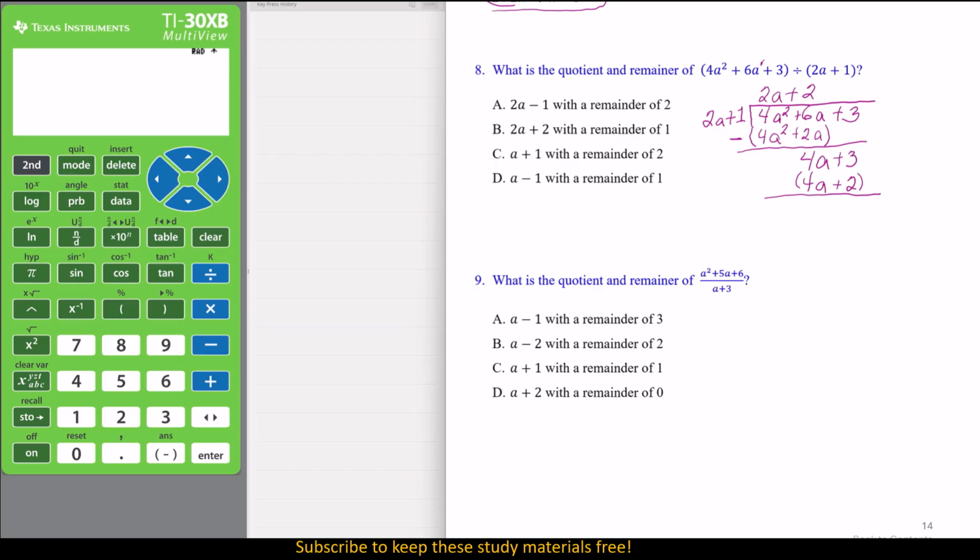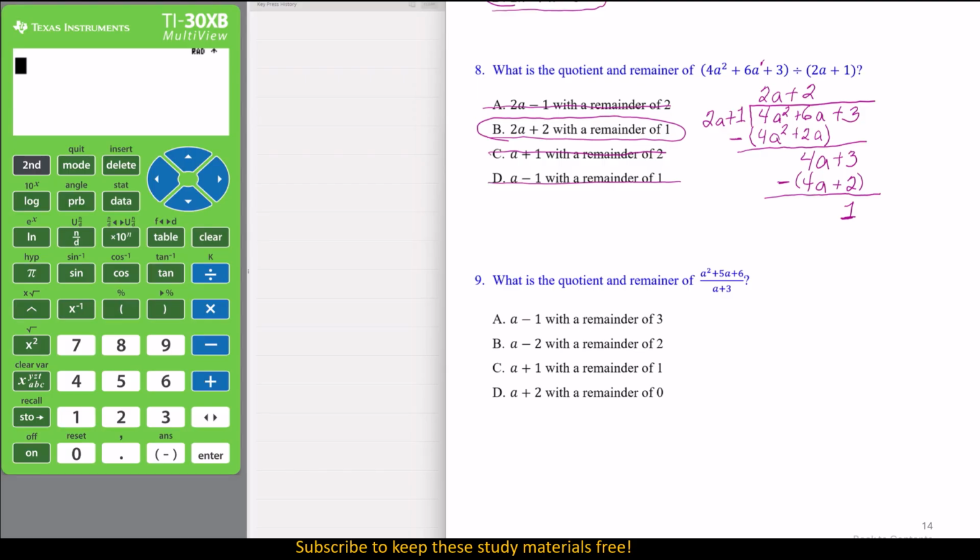Now I put it all in parentheses and say minus. Well, 4a minus 4a is 0, and 3 minus 2 is 1. That is my remainder. So I know to mark these out because they have a remainder of 2. And it looks like option B is what I need. Yes. Okay. All right, let's look at number 9.